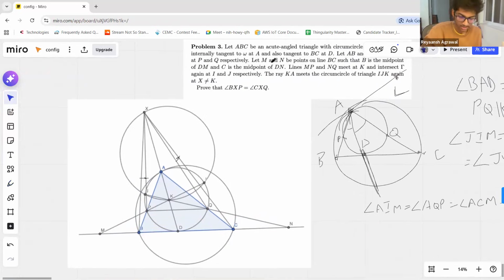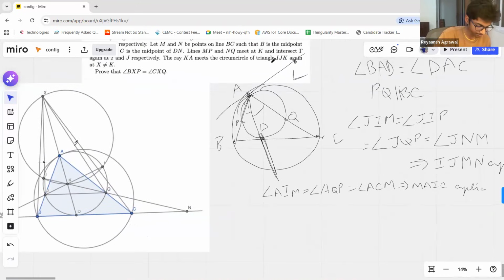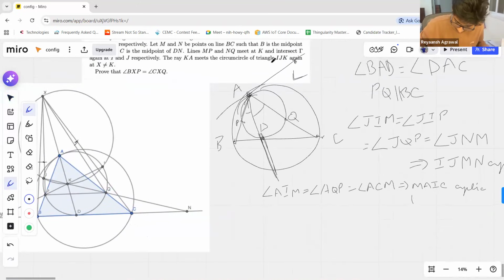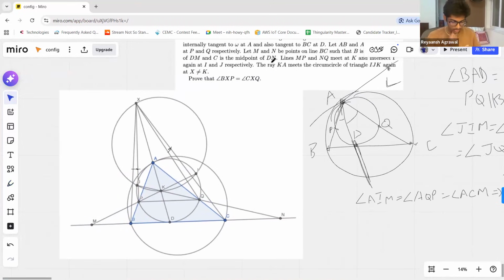Similarly, if AICM is cyclic, is there anything else we can say is cyclic? AJBN, yes. Similarly, AJBN is cyclic. Right. So we have this now. Now can we try and prove that AKD are collinear?